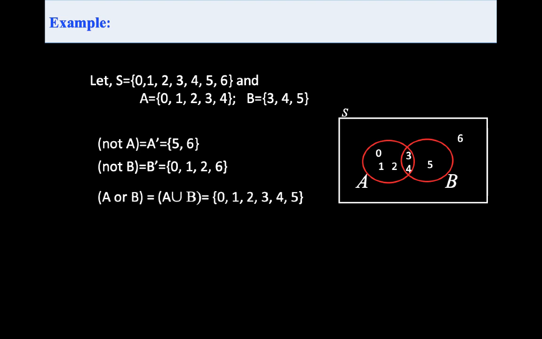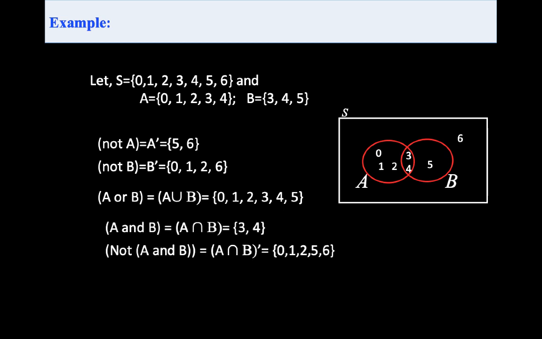A or B. You see A union B has all elements of A or B. So you see A is 0, 1, 2, 3, 4 and B is also 3, 4 and 5. But we already have 3, 4 in the set A union B. Therefore, we should add 5. Then A and B is 3, 4.